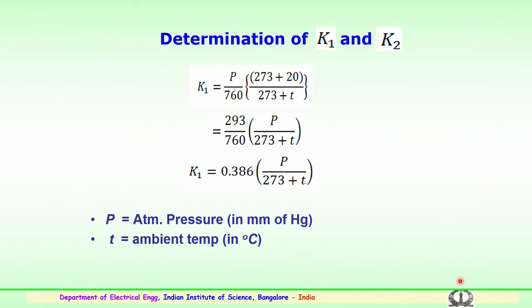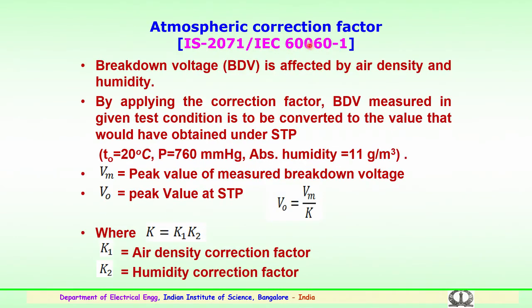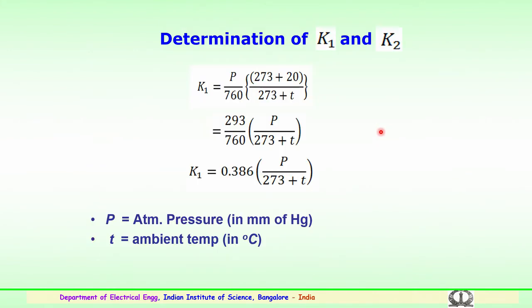It is very clearly given in the standard IEC 60060-1 or IS 2071, where K1 can be calculated as K1 is equal to P, the pressure, divided by 760, the standard atmospheric pressure, into 273 plus 20 by 273 plus T, the temperature at the lab conditions.